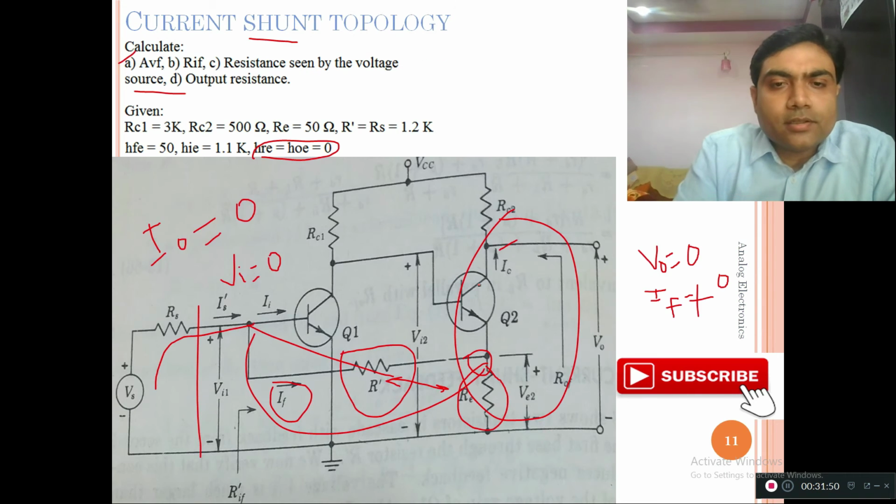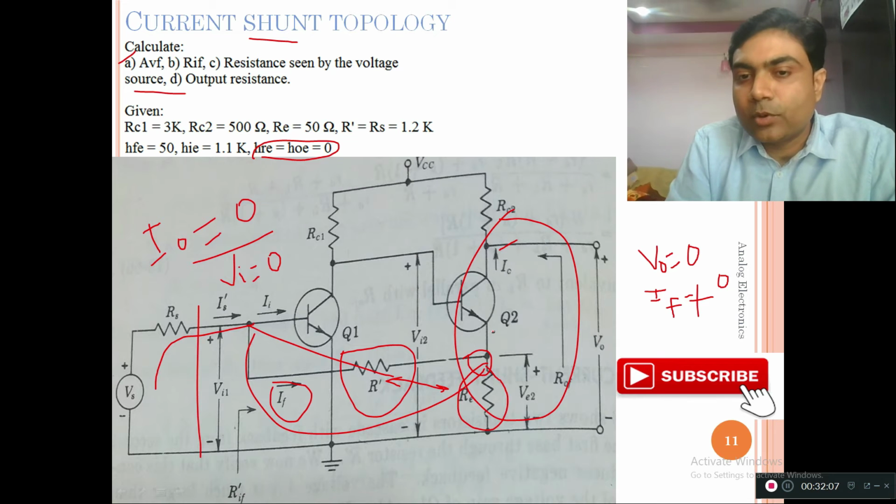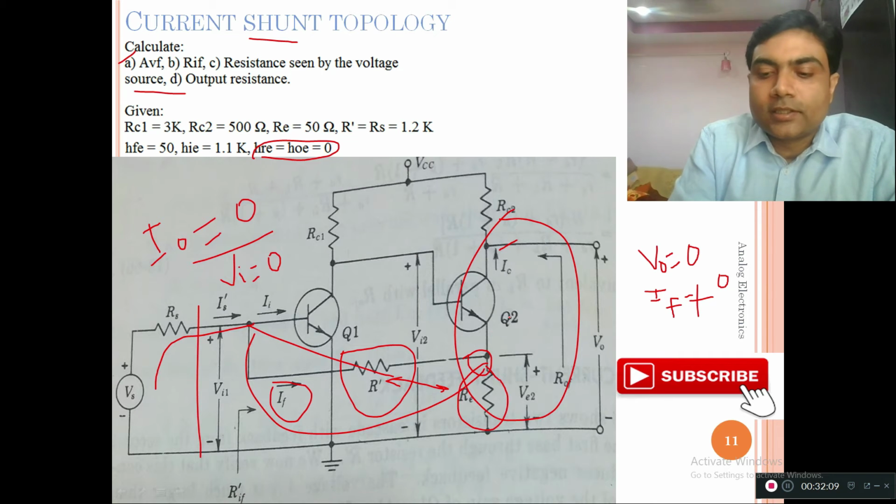So just to repeat what we have done to find out the input circuitry, we had made Io equal to 0. If I make Io equal to 0, we are opening this loop, and R dash comes in series with RE because we have opened this loop.